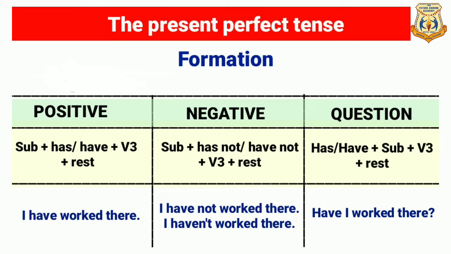And in interrogative sense, I mean to ask the question, the sentence begins with has or have, then subject plus third form of the verb, then rest of the sentence. That's all. So this is the main formation of the present perfect tense and you must keep this in mind.